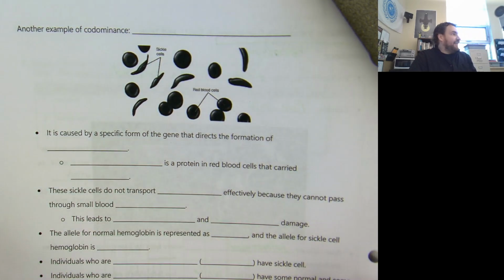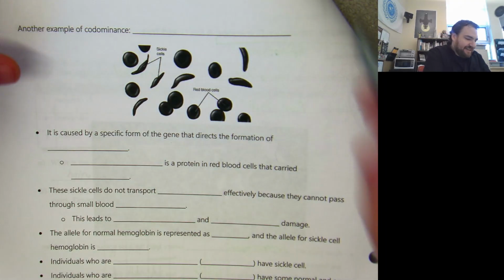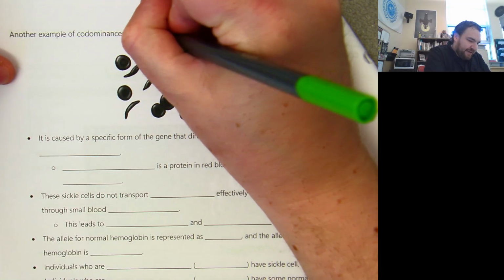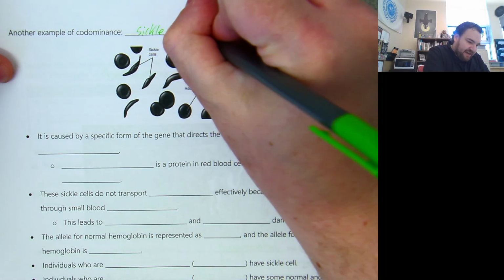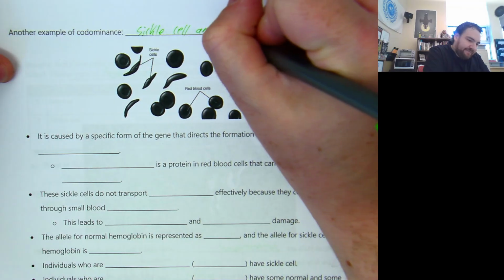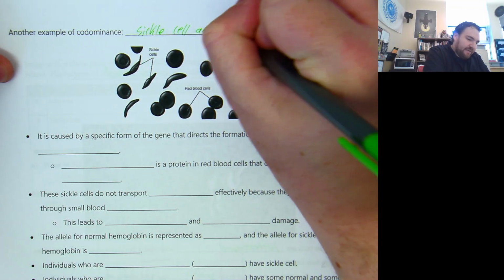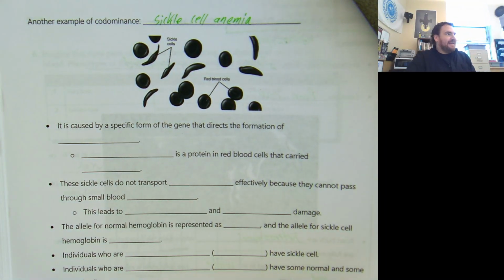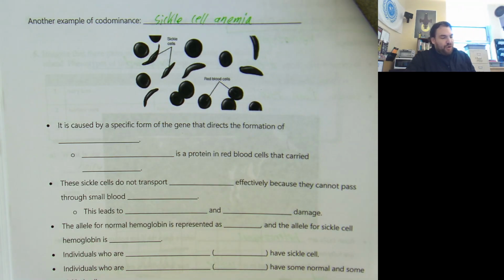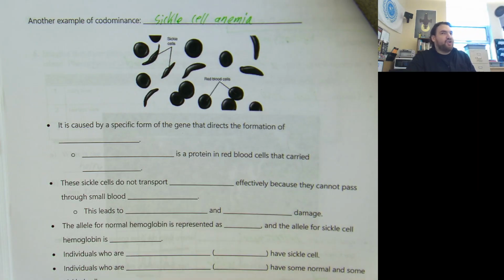Okay, so an example in people is this thing here called sickle cell anemia. That's this blank up top here. Now, there are a few ways to become anemic. Anemic means your blood is not oxygenating all of you the way it should.